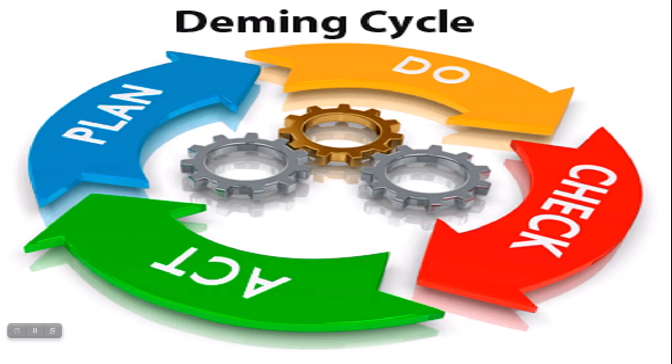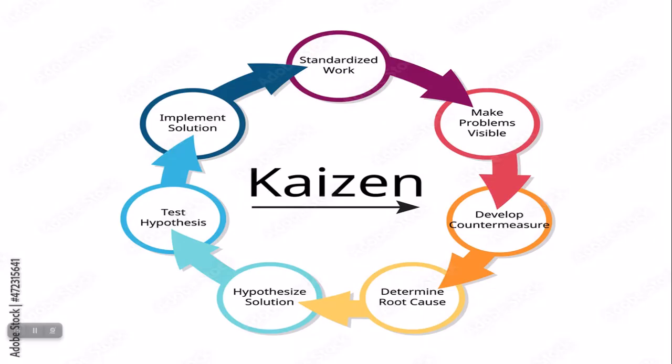The Deming cycle says plan, do, check, and then act. This is the Deming cycle. In the Kaizen principle, we say that there should be standardized work and the problems should be visible.